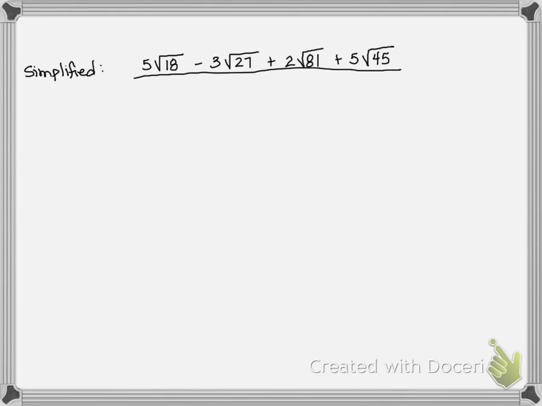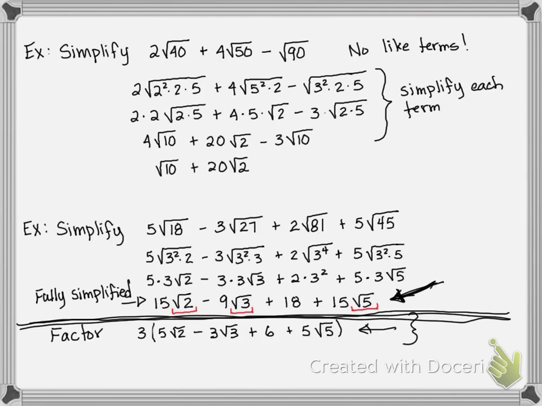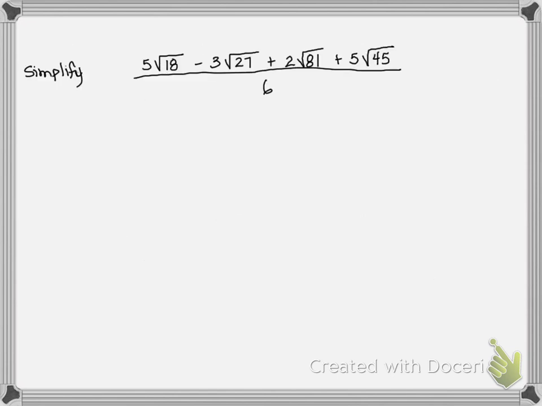So if I have like this problem, or I didn't want to say simplified, I wanted to say simplify. Like if I gave you this problem, then when you simplify the numerator of that fraction, you would get this.